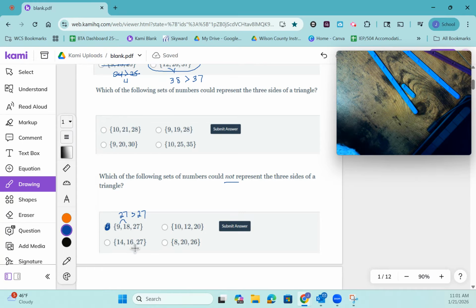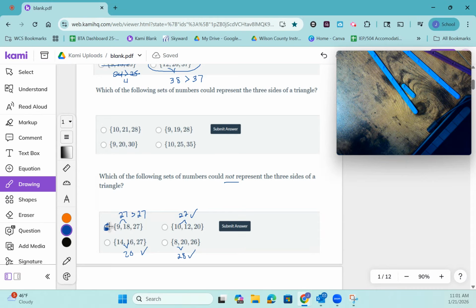I think that's probably our correct answer, but I'm going to double check. This one is 30, so that one would. This is 22, so that one also would. And this one is 28, so that one also would. So yes, this first one is our correct answer.